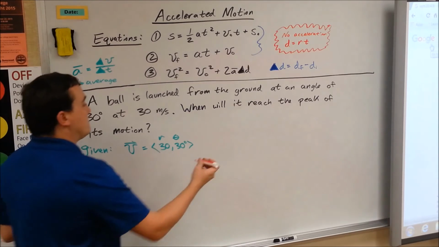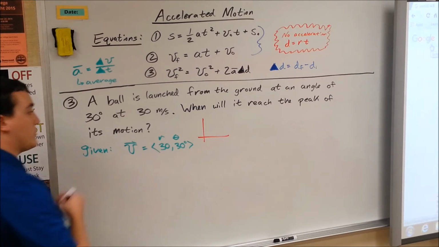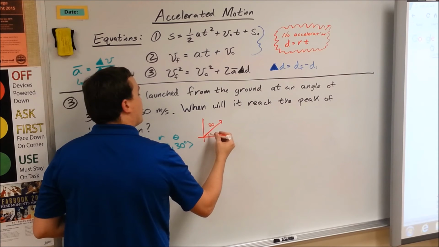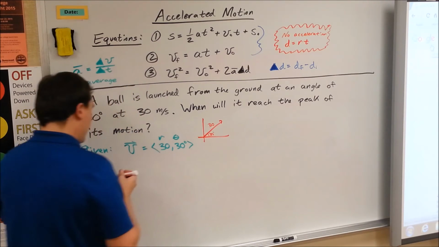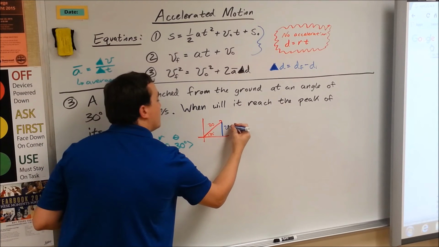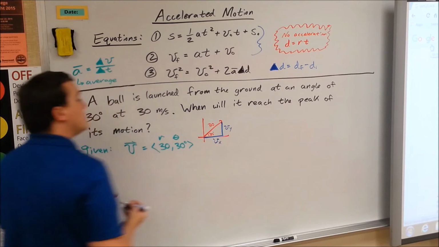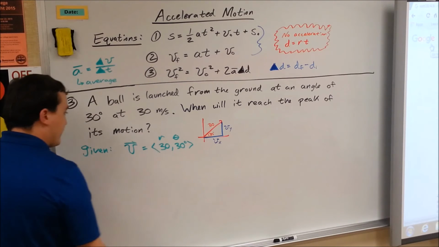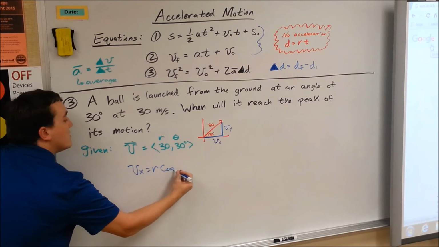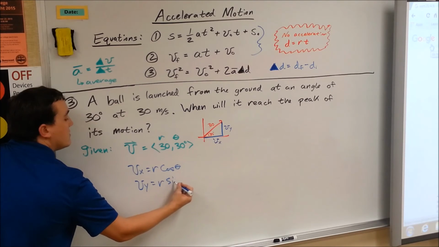So that's the first thing we're going to want to do, convert it to x and y components. Let's get a visual first. It's launched from the ground, 30 meters per second at 30 degrees. We want an x and a y for that. So here is our Vy. Here is our Vx. We have 2 nifty equations. We know Vx is r cosine theta, and Vy is r sine theta.